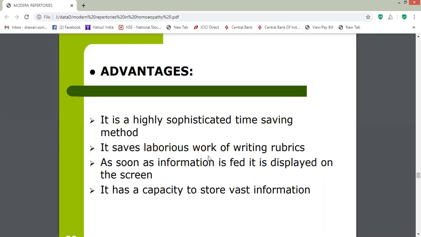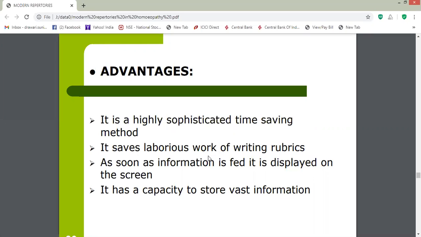So what is the role of the computer in homeopathy? Dr. Dikshit, the author of Organon 96, explained the role of computers in homeopathy and mentioned the following.